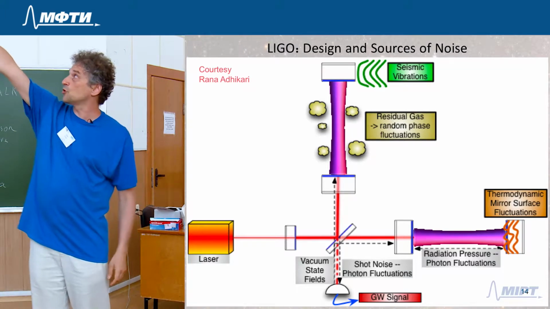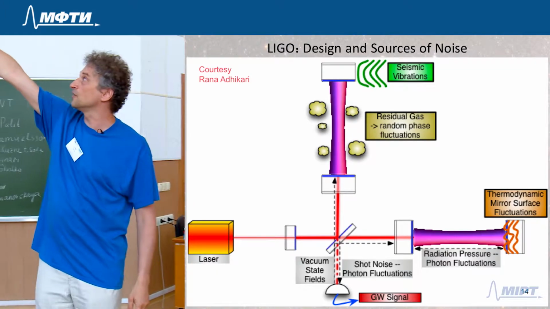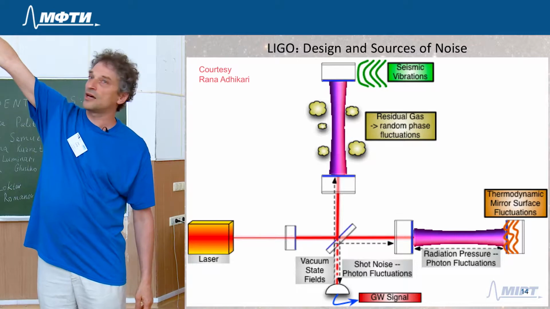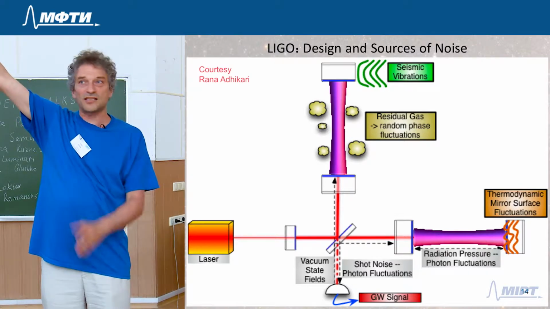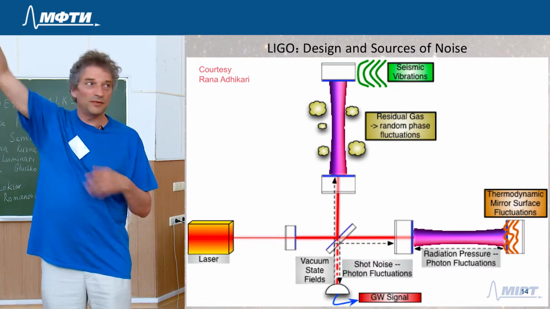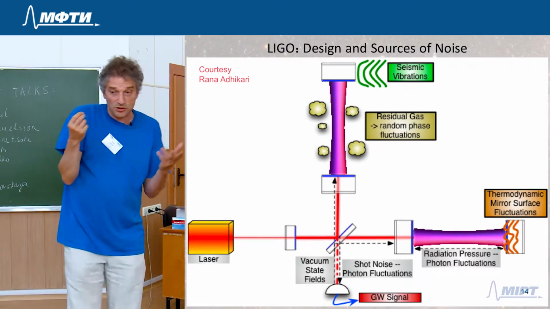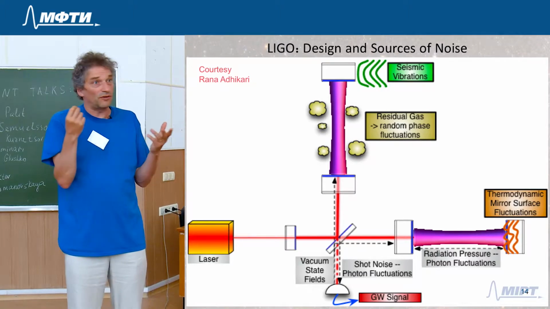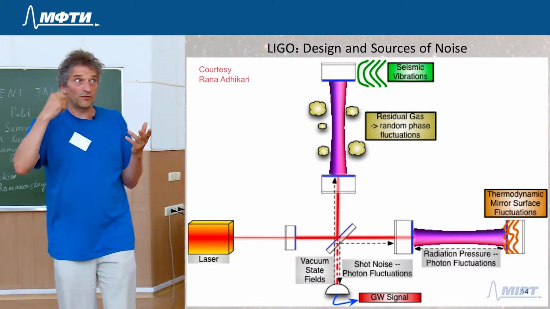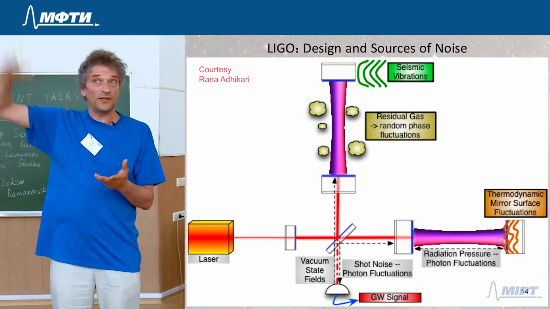And then what's also shown in this figure is that look at those clouds of gas. Those clouds of gas are crossing the beam. And of course, when they cross the beam, the clouds of gas have some index of refraction. Random crossings of the beam will cause fluctuations in the phase.